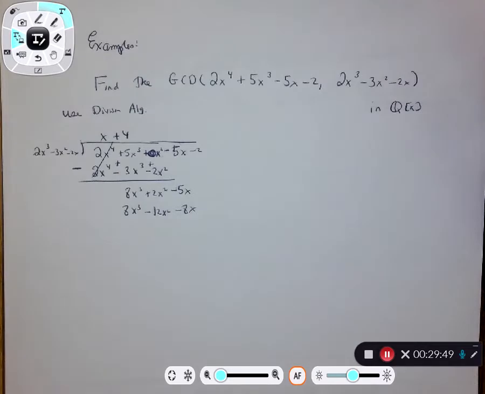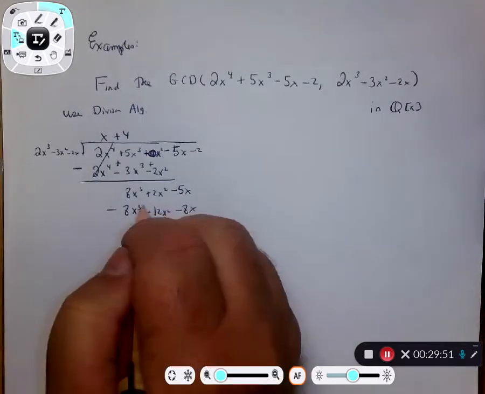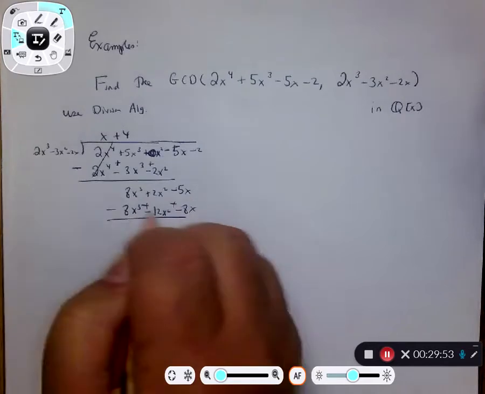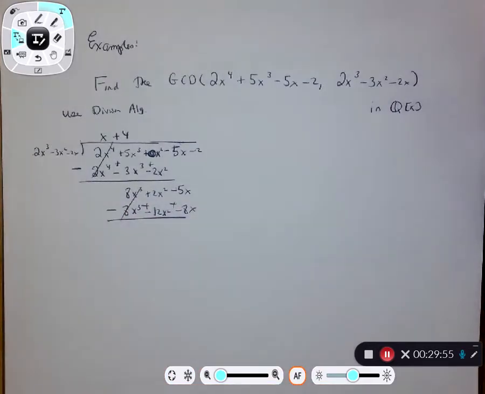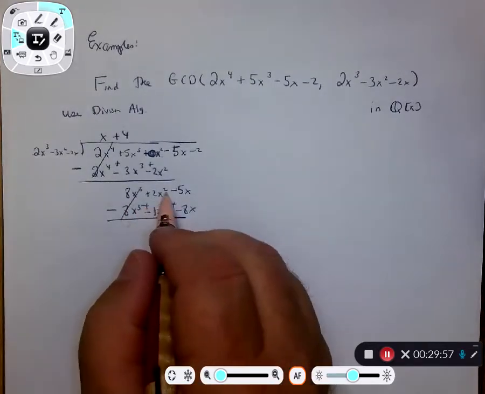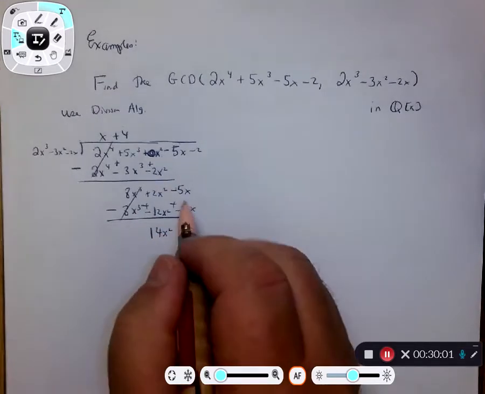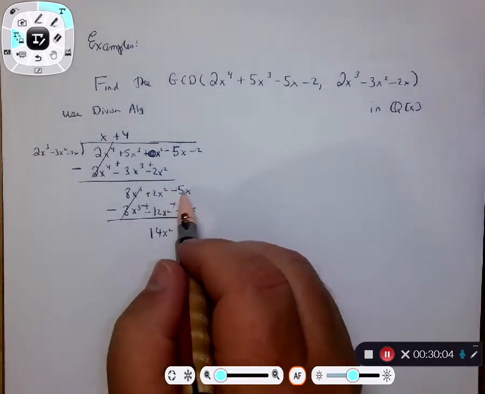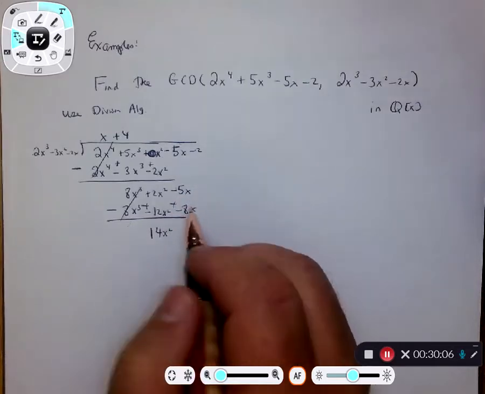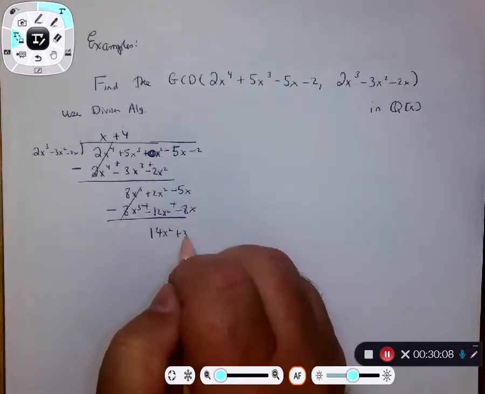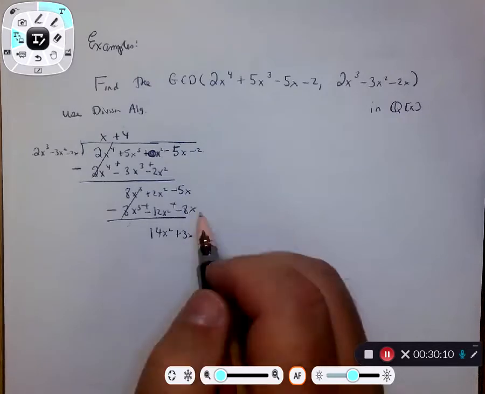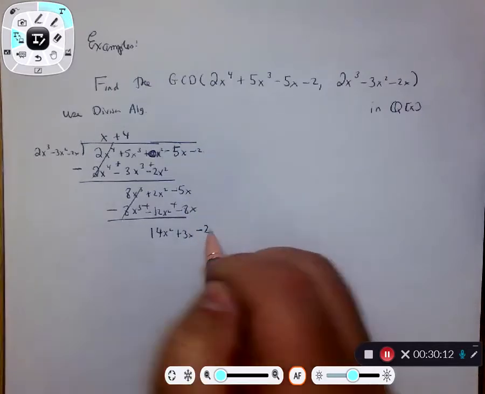Then I'm going to subtract, which changes my signs. The first term should always cancel. I'm left with 2x squared plus 12x squared, which makes 14x squared. And I've got a minus 5x plus an 8x, which leaves me with a plus 3x. And then I bring down the minus 2.